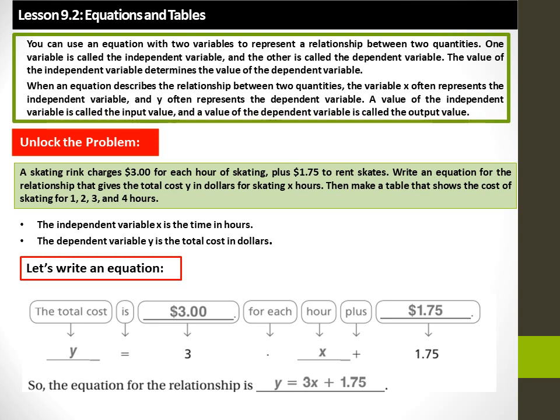So the total cost y equals 3 times x plus 1.75. So the equation for the relationship is y equals 3x plus 1.75.